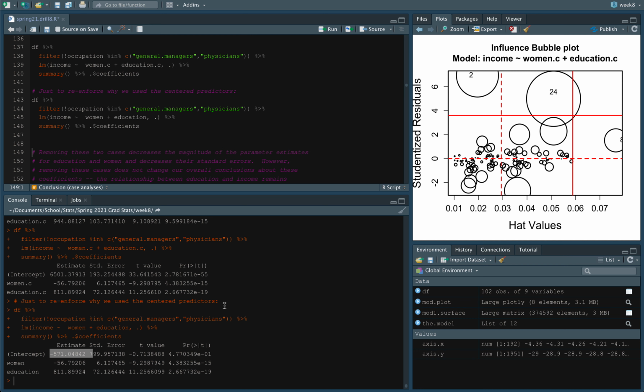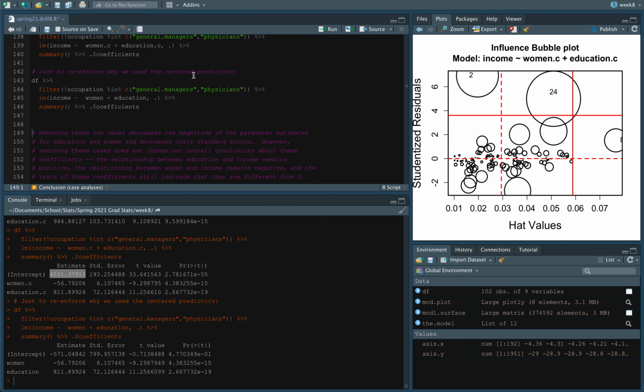So, remember, centering doesn't affect your slopes. The slopes of women and education are the same. All that does is affect your intercept to give you a more interpretable intercept.